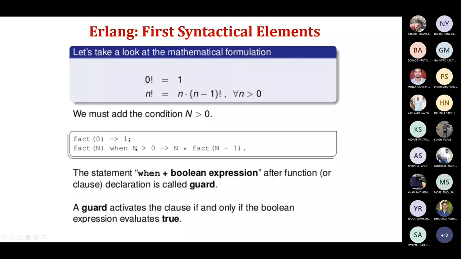So this when plus n greater than 0 expression is called a guard. This guard activates the clause if and only if the Boolean expression evaluates to true. So when is this guard going to get activated? When this Boolean expression is true. If it is false, it is not going to get executed. So the guard activates only when the Boolean expression is true.